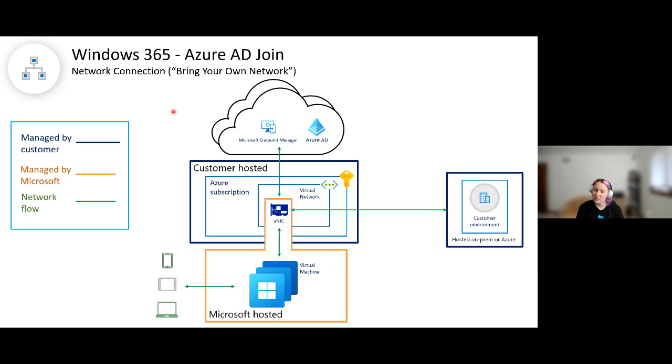But one of the niceties is that you have a line of sight into your on-premise network. So if you're kind of in that co-managed hybrid approach still, which is totally fine, a majority of my customers are, you can do the BYO network, but still have the nicety of being modern managed with Azure AD join, and the end users will still be able to access any sort of on-premise resources since they'll be sitting on your network technically.